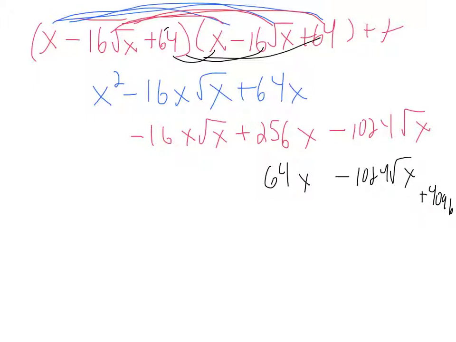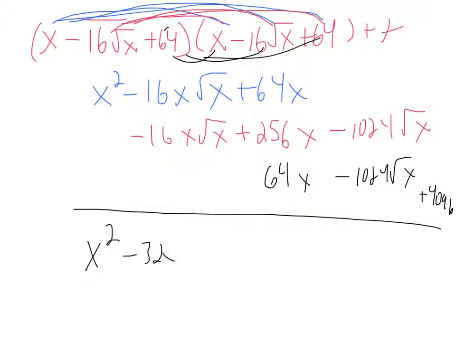So then we combine our like terms. There's not a lot of like terms to combine, are there? So I guess I would write, well, let's see. I've got an x squared way up here, so I guess I'm going to write down x squared. And then, let's see, these are the only x root x, so negative 32x root x.